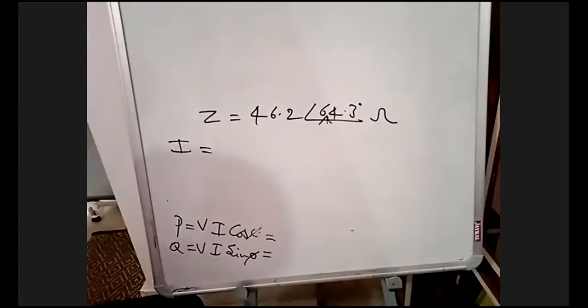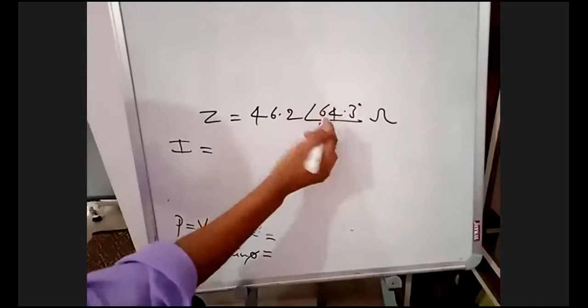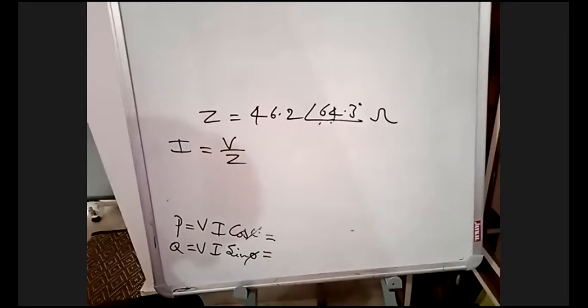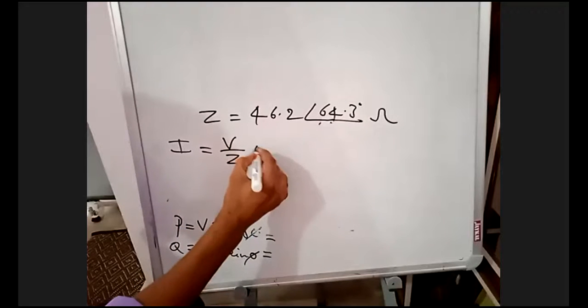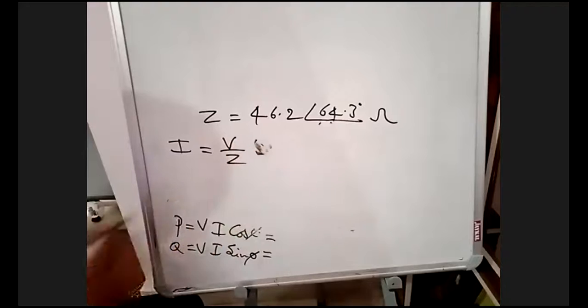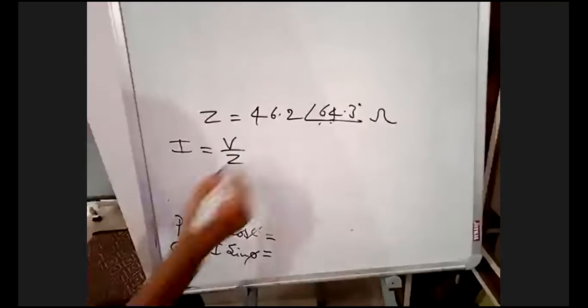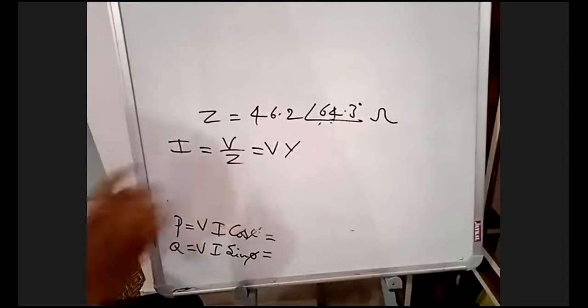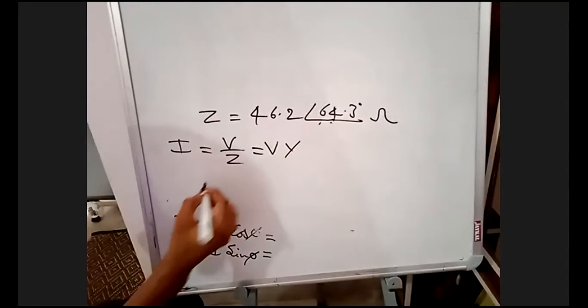What is the formula for current? V by Z or V into Y, because Y is equal to 1 by Z. We can take any formula.